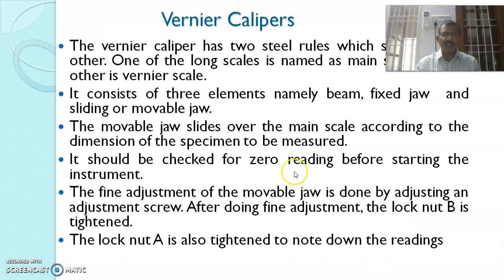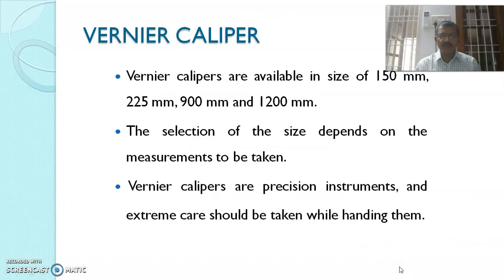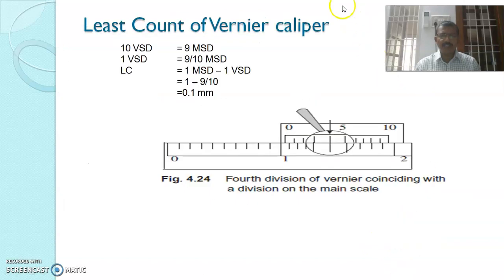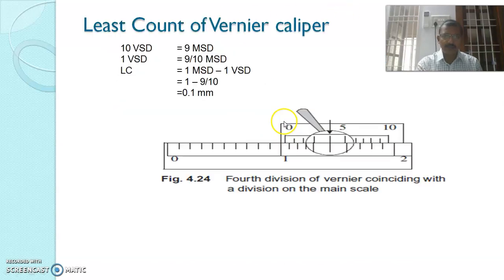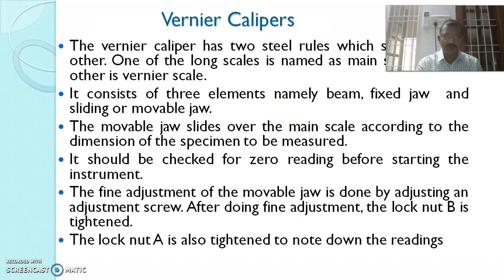Let us discuss the vernier caliper. The vernier caliper has two steel rules which slide on each other.